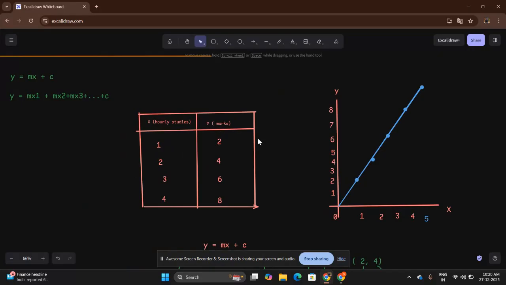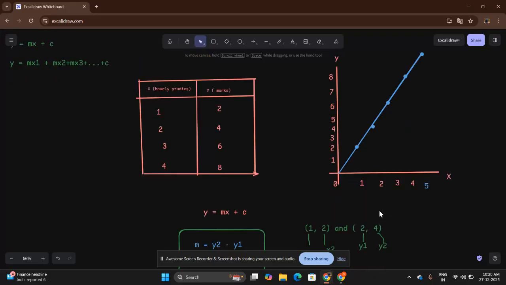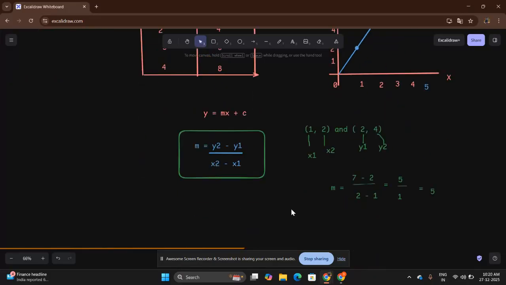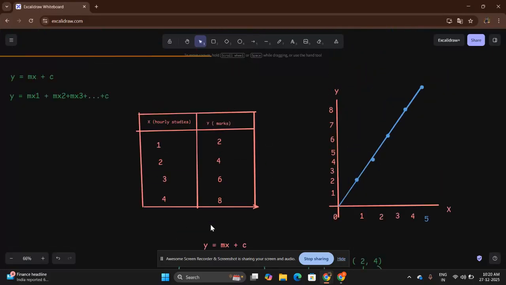This is the simplest data set I have given to you, and based on this I have drawn the best fitting line between the data points, so that the distance of each data point from the best fitting line is minimum.